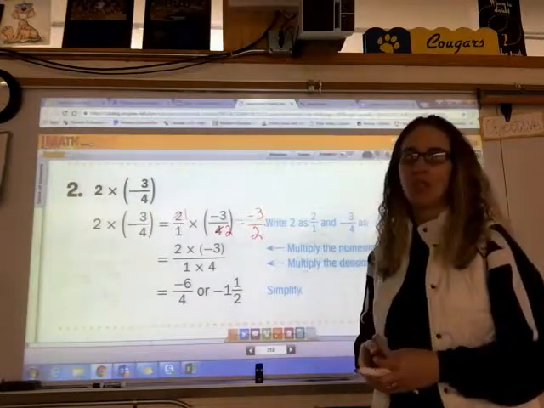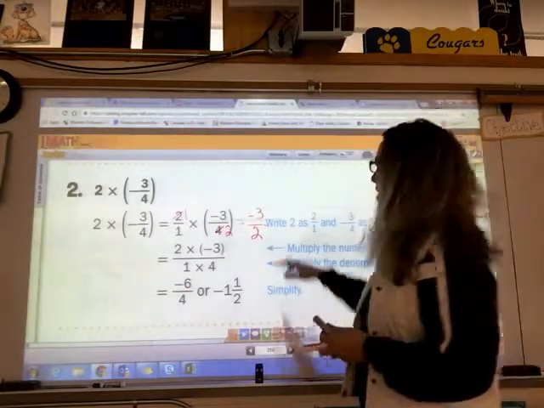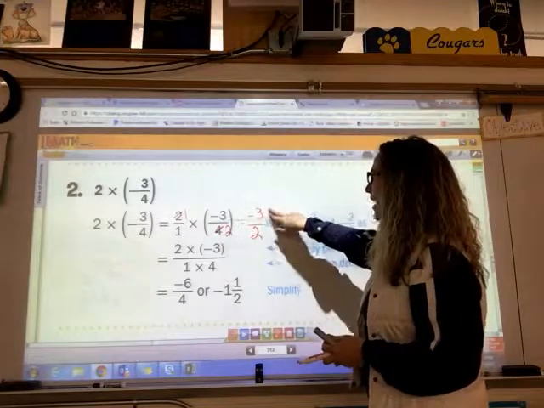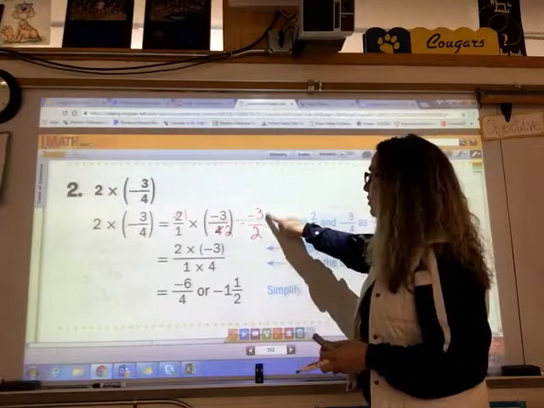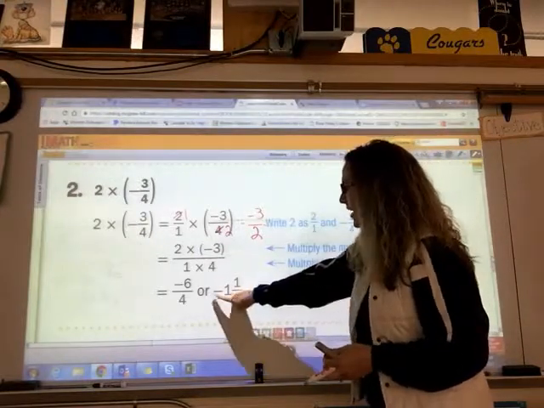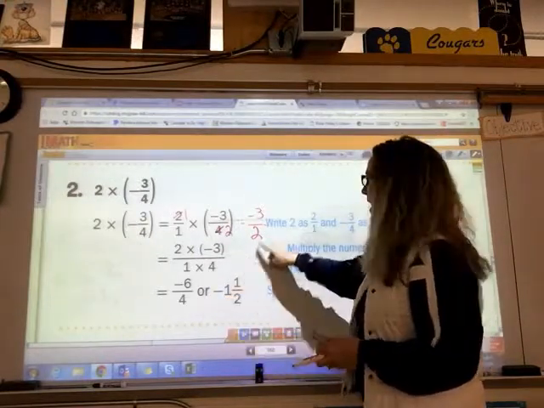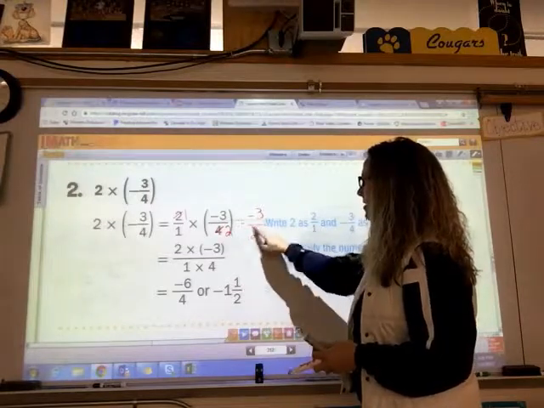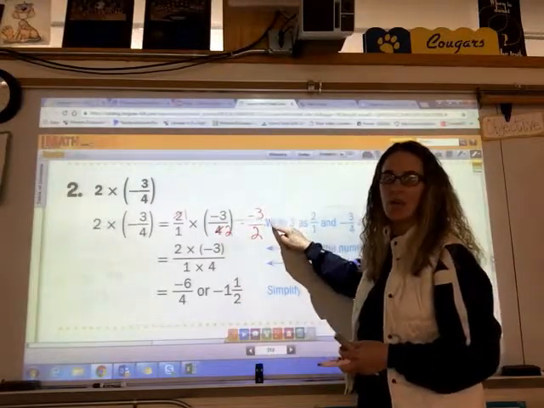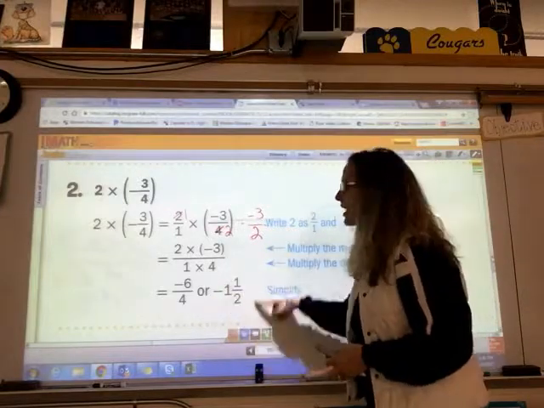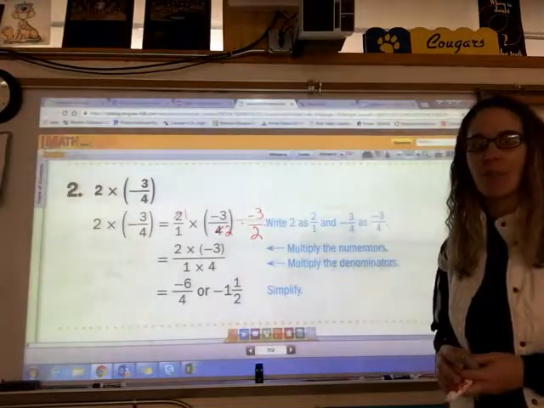Again, we want to make sure that we always put it in simplest form. So I'm asking myself, well, -3/2, I'm actually dividing that out. So 2 will go into -3 once. Okay, so I have a -1, and 3 minus 2 is 1, and my denominator was 2. So another way to rewrite -3/2, an improper fraction, is to write it as -1 and 1/2 as a mixed number.